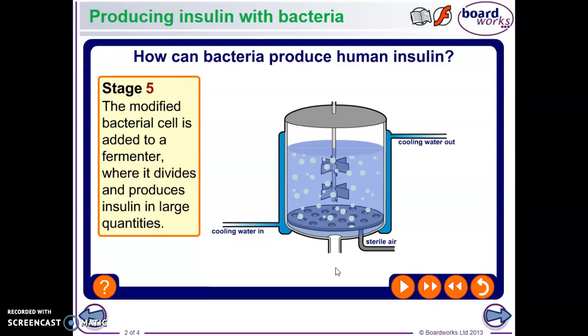So if the original bacterial cell has the insulin gene from a human, all of its offspring will also have the insulin gene for a human. So now all of these bacteria cells are producing insulin in large quantities. Insulin is a protein that is a hormone that is needed to help regulate the blood sugar of organisms. Write that in for stage 5.